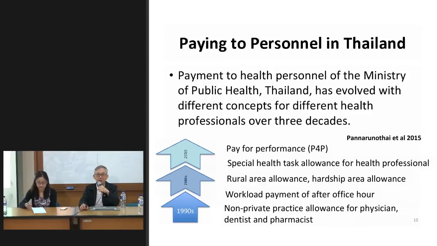Before we introduced P4P, the payment to the health personnel in Thailand, in the Ministry of Public Health, we started over 3 decades ago, since the 1990s. That was 10 years before the universal coverage scheme, around when the Social Security scheme had just happened.